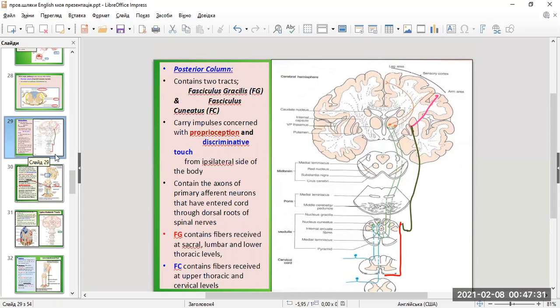Fasciculus gracilis and cuneatus carry impulses concerned with proprioception and discriminative touch.